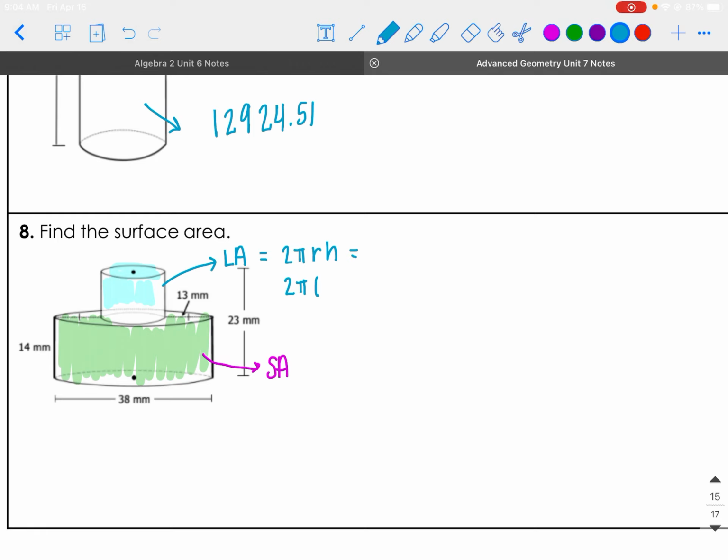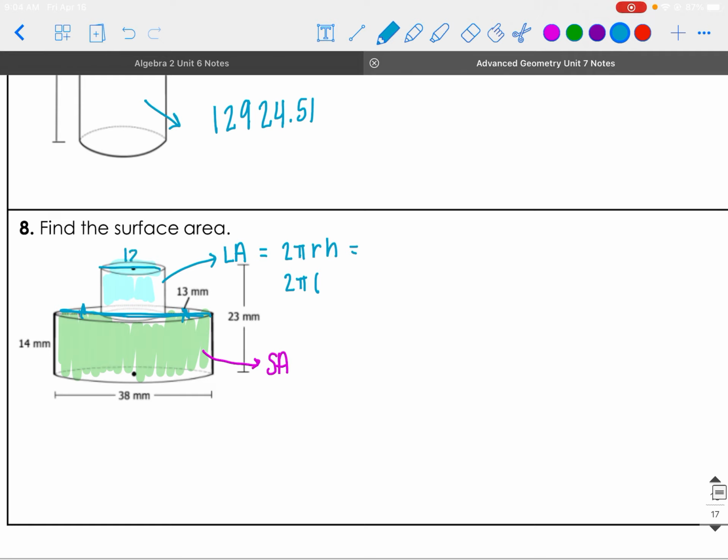We have an entire 38 for this spot right here. And then this is 13 and this is 13. So if we do 38 minus 13 minus 13, we get 12 for the diameter. So the radius is 6. And then the height, we know this part right here is 14. So that leaves 9 for the rest of the height. And we get 339.29.